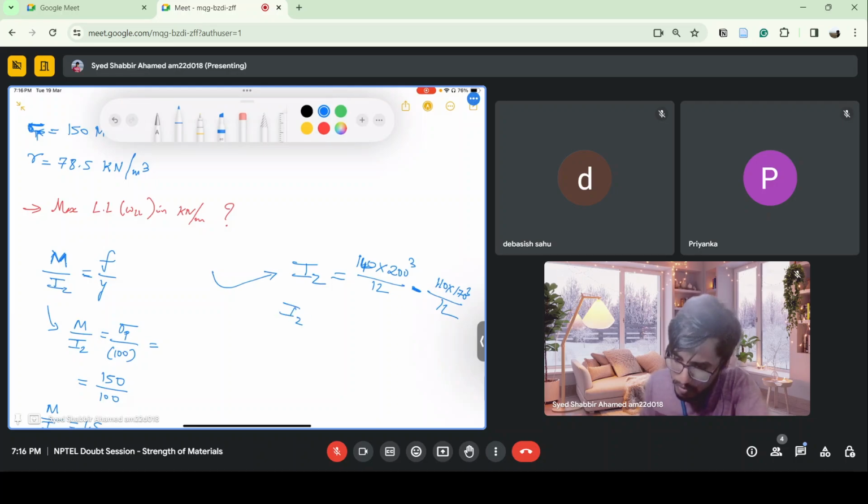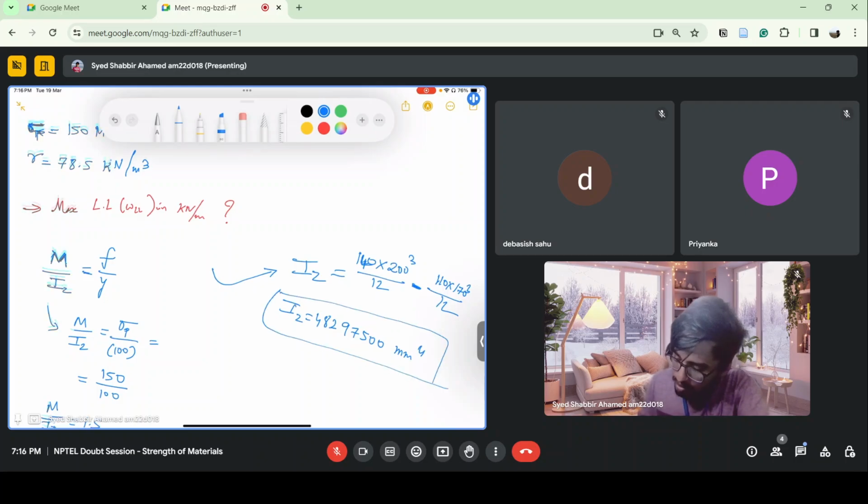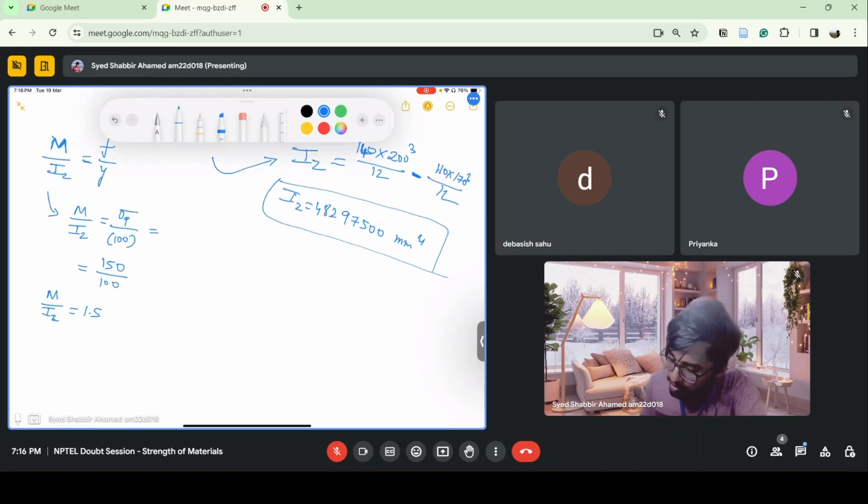This is 4829750 mm to the power 4. And M should be equal to 1.5 into this 4829750.